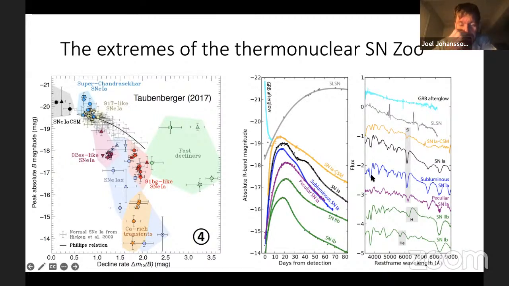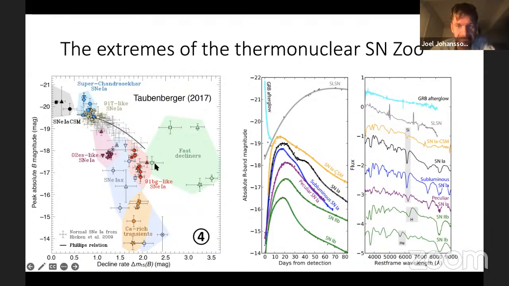Okay, so that's about the zoo, and that's in principle just stamp collecting or putting labels on things. It's not really telling you what is a useful, normal, good supernova for cosmology and what is just a peculiar weirdo.